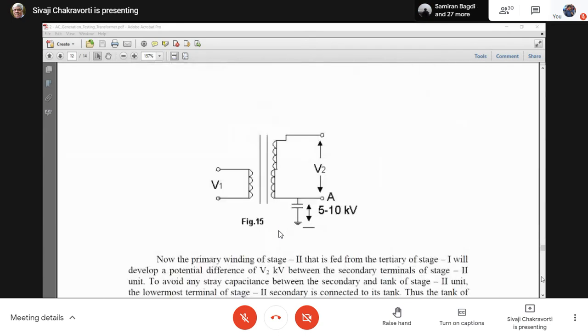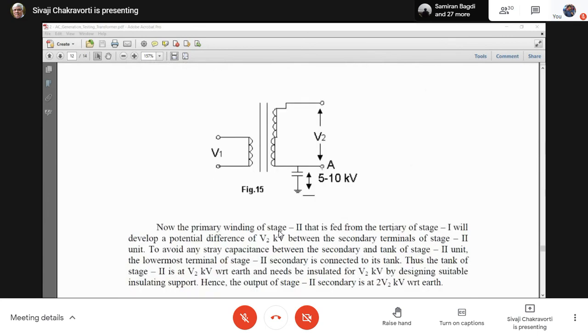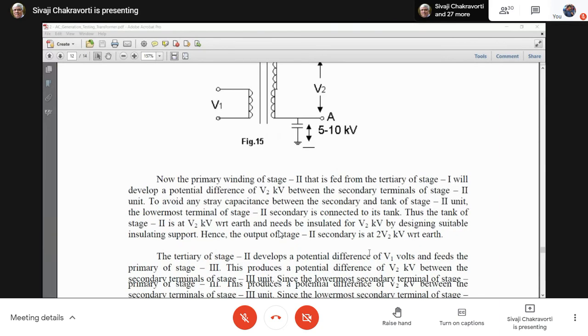So this is what I was trying to tell you: this floating capacitance comes if you don't connect the lower terminal of the secondary with the tank, and there will be some voltage appearing depending on the overall system, which is absolutely undesirable.